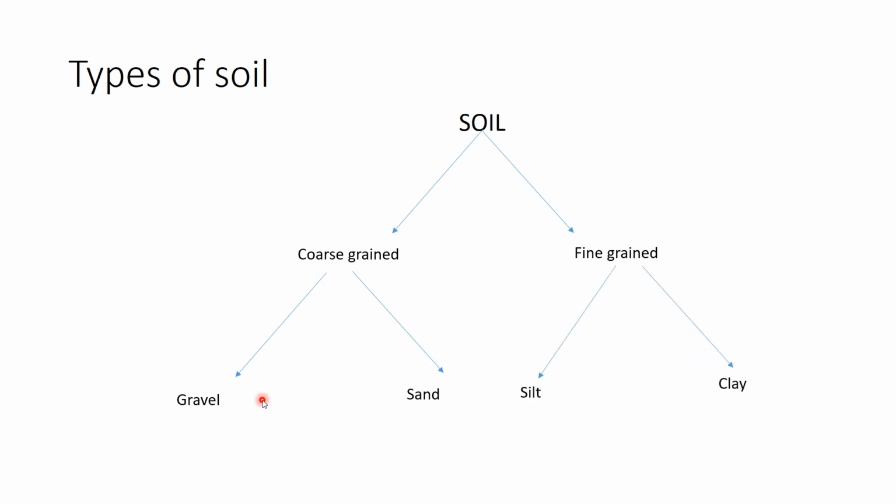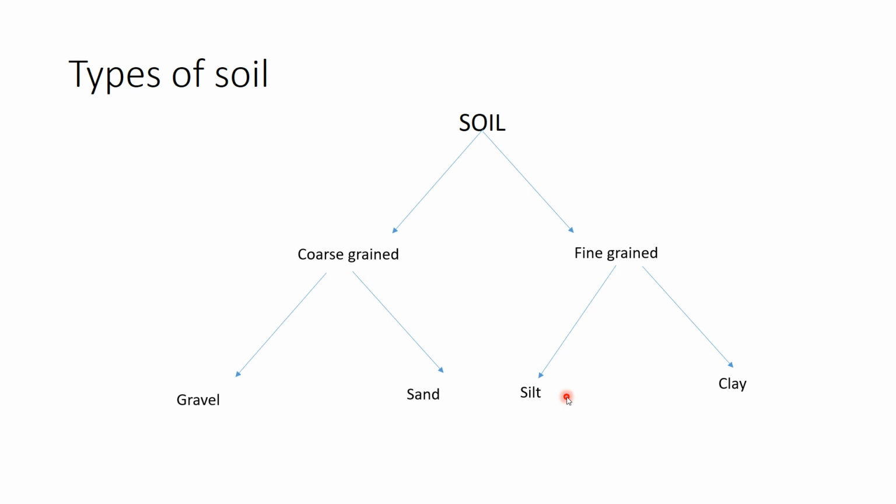When we enter into soil mechanics, it is very important to know these four names: gravel, sand, silt, and clay. Of these we are very much concerned about sand and clay. We will talk much about sand and clay, and give less importance to gravel or silt.